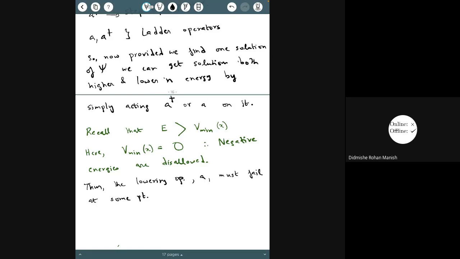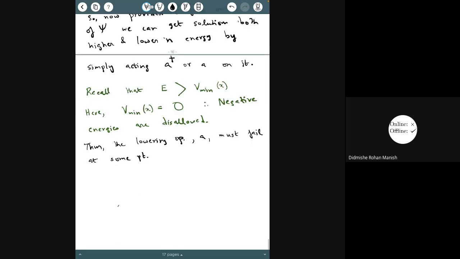By fail, we mean that it must destroy this wave function. If you lower the ground state further, then the function must get annihilated, because a function with negative energy cannot be an eigenfunction of a Hamiltonian whose minimum potential is 0.